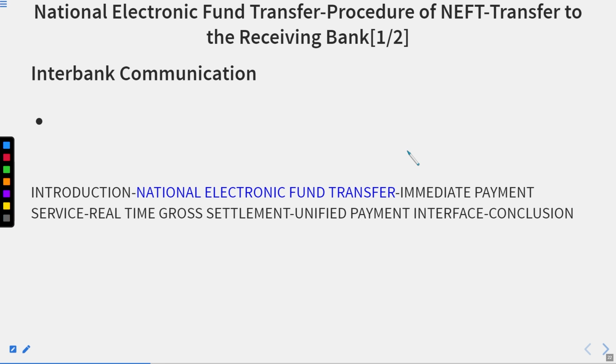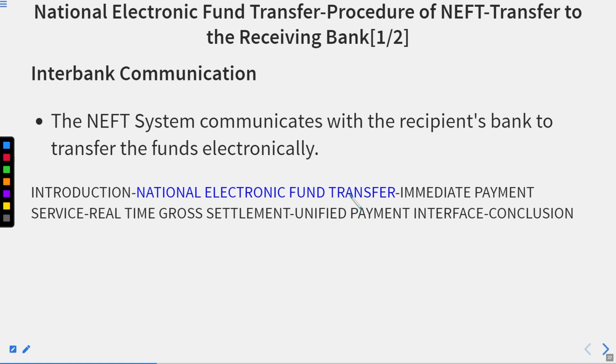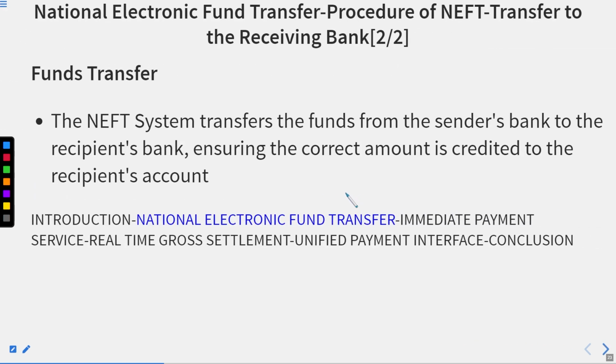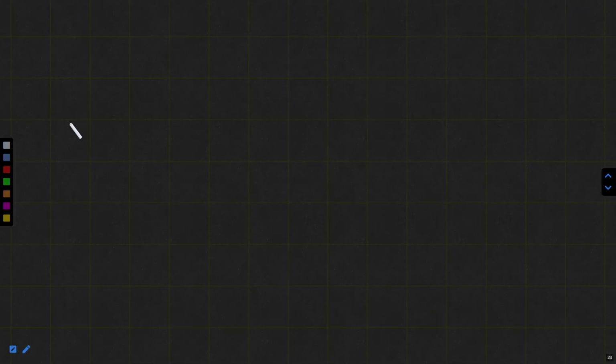transfer to the receiving bank, interbank communication. The NEFT system communicates with the recipient's bank to transfer the funds electronically. The NEFT system transfers the funds from the sender's bank to the recipient's bank, ensuring the correct amount is credited to the recipient's bank. Okay, so let's understand this through an example.